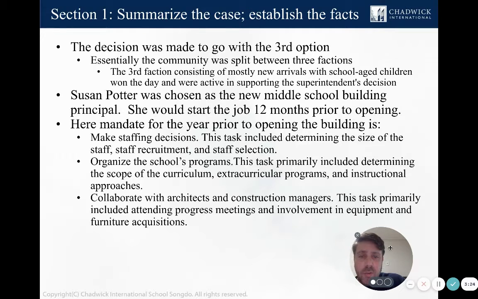Second was organize the school's programs. This task primarily included determining scope of curriculum, extracurricular programs, and instructional approaches. And then the third, collaborate with the architects and construction managers. This task primarily included attending progress meetings and involvement in equipment and furniture acquisitions.